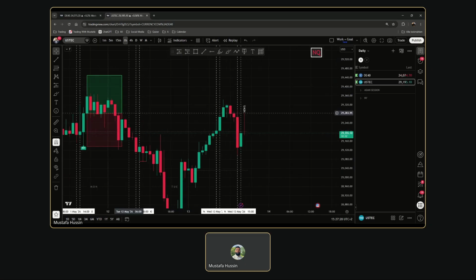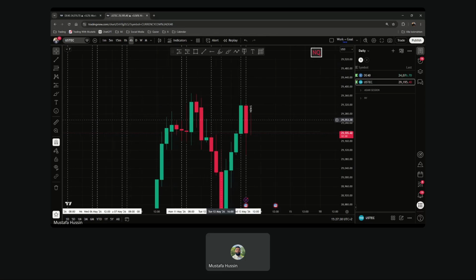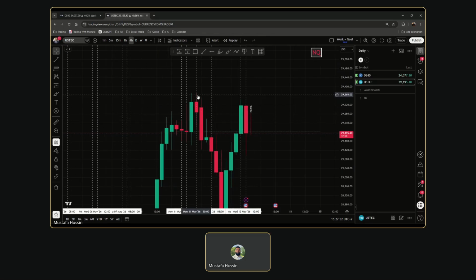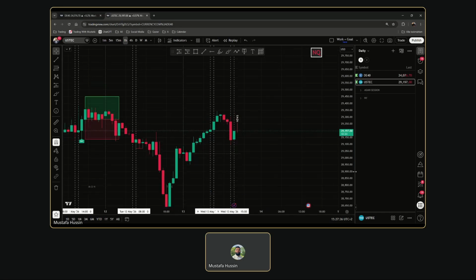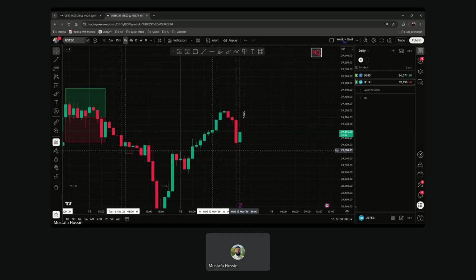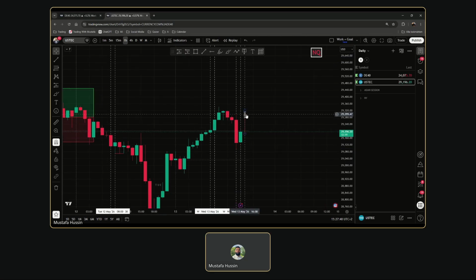And then it swept a 4-hour liquidity. It didn't sweep the all-time highs. So I'm a bit neutral based on where the trend is going on the NASDAQ.